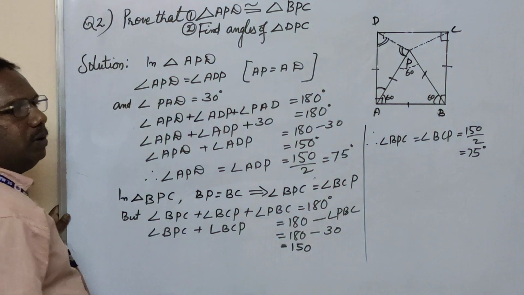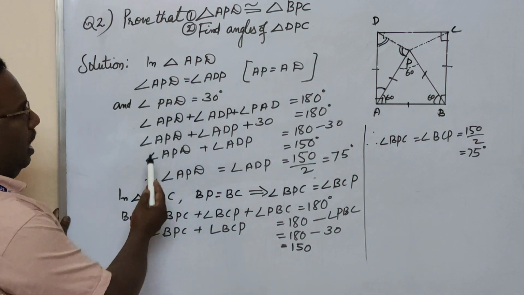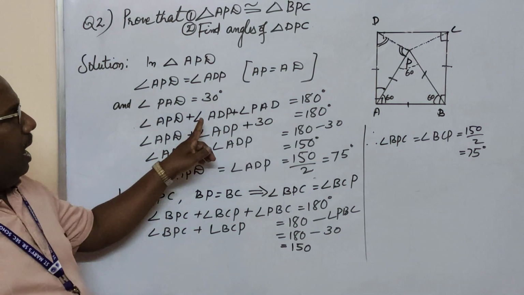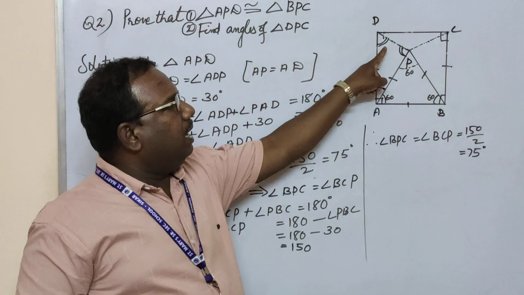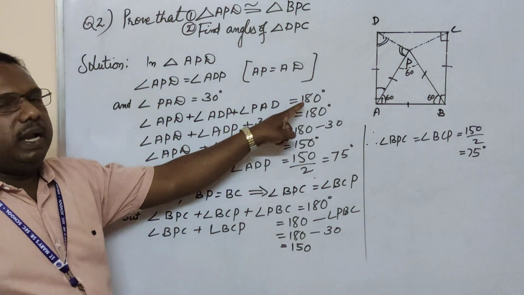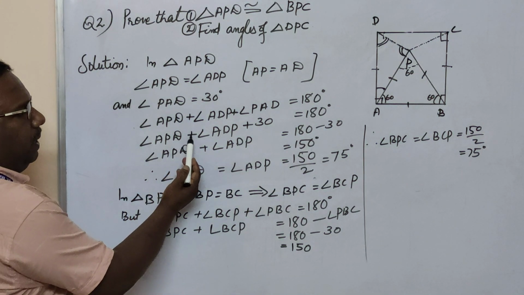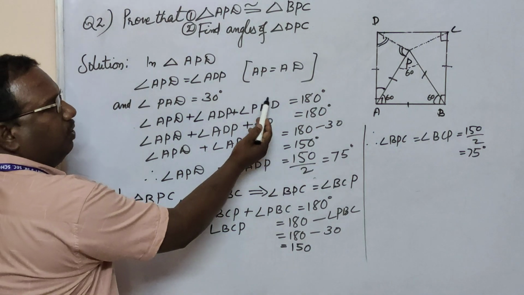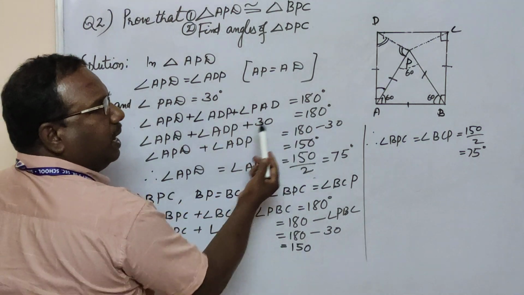Earlier we found it. Now in triangle APD, angle APD plus angle ADP plus the third angle, angle PAD, equal to 180 degree, that is, angle APD plus angle ADP plus 30 degree equal to 180 degree.